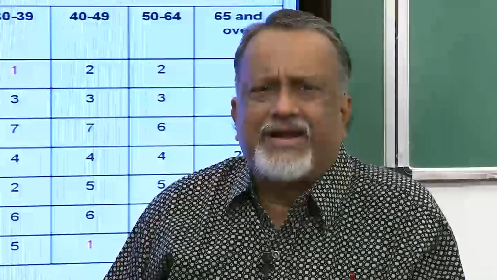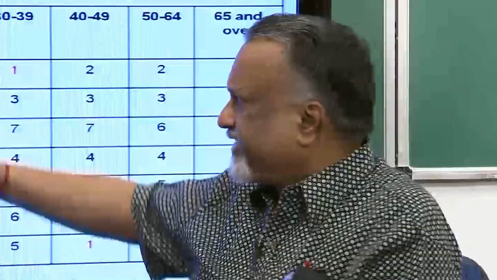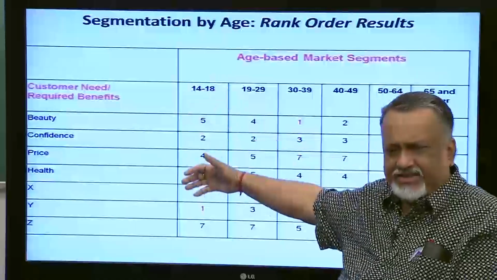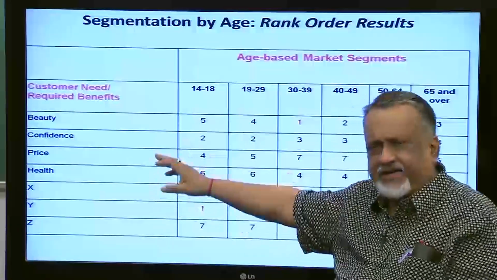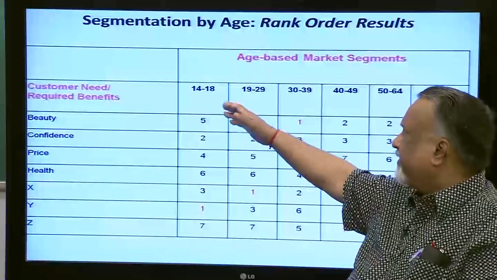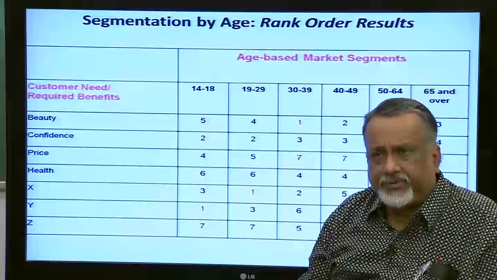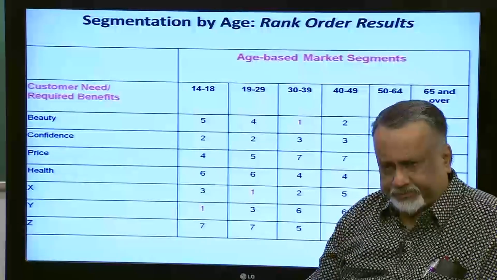Say for example, this is a type of segmentation that can be applied to many of the personal care products, moisturizers, face creams, sunscreen lotions or any of these. As you can see here, we have different customer needs: beauty, confidence, price, health, XYZ, MNOP, and on this side we have people in different age groups.